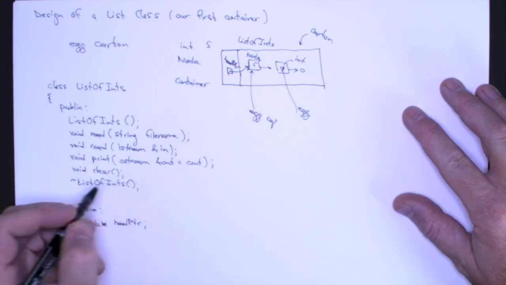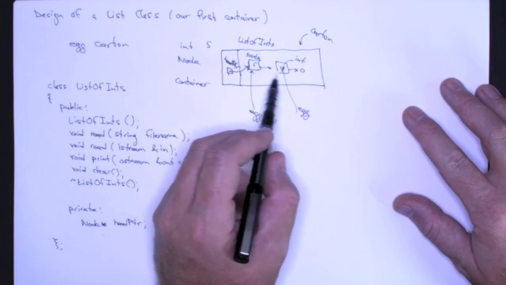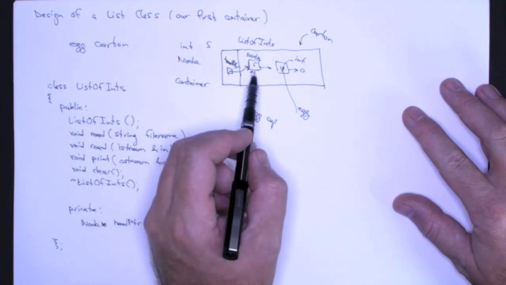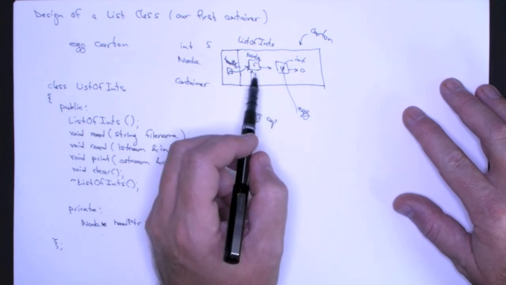A destructor in this instance is required because we're using pointers and we're using dynamically allocated nodes. So let's say that I leave the scope of some block in which I've declared this list, and it still has the contents 5 and 10.